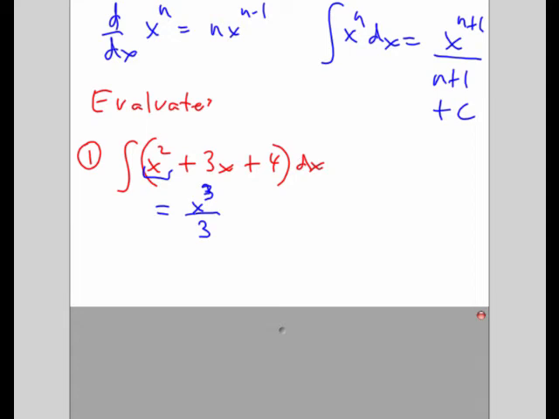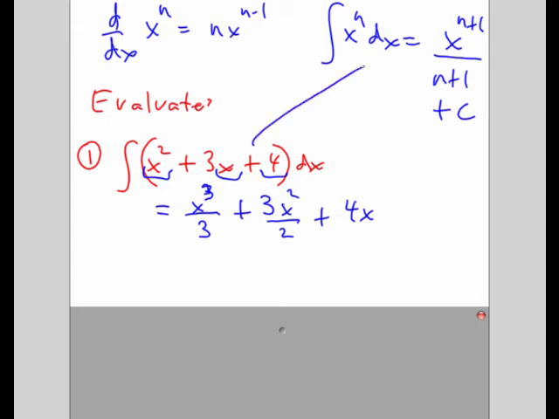The next one, the constant is on its own. It can be brought out. And then for x, I'm going to raise the power by 1 and divide by 2. Next, 4. What function has 4 as its derivative? Well, 4x.